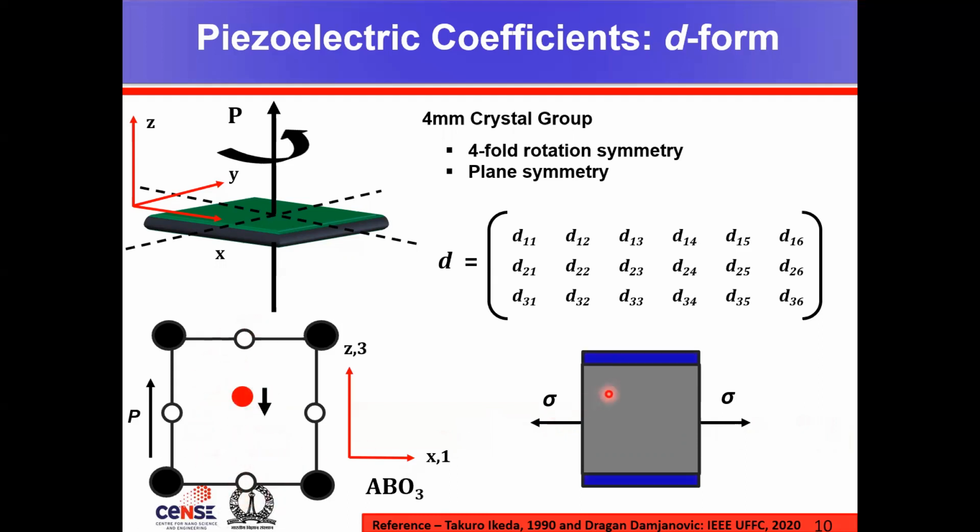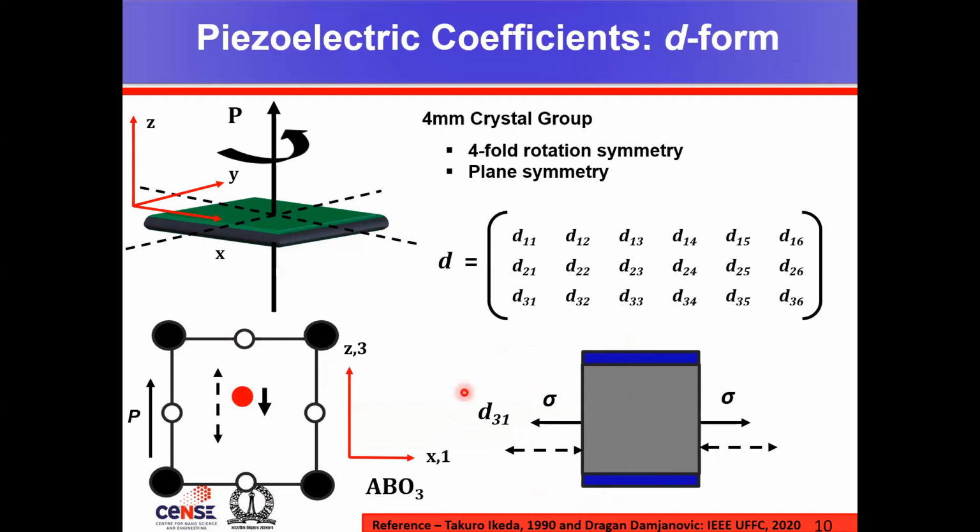That means there's a net charge generated on the surfaces of interest, which is along axis 3. Hence, when a compressive or tensile stress is applied along this axis, due to the movement of this particular atom, which is responsible for the non-centrosymmetric nature of the crystal, we get charge on the top and the bottom surfaces.